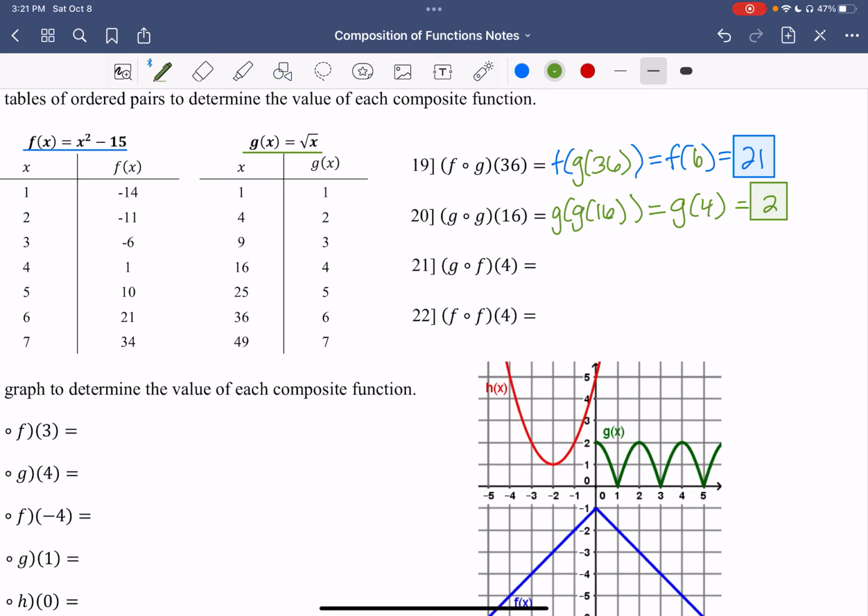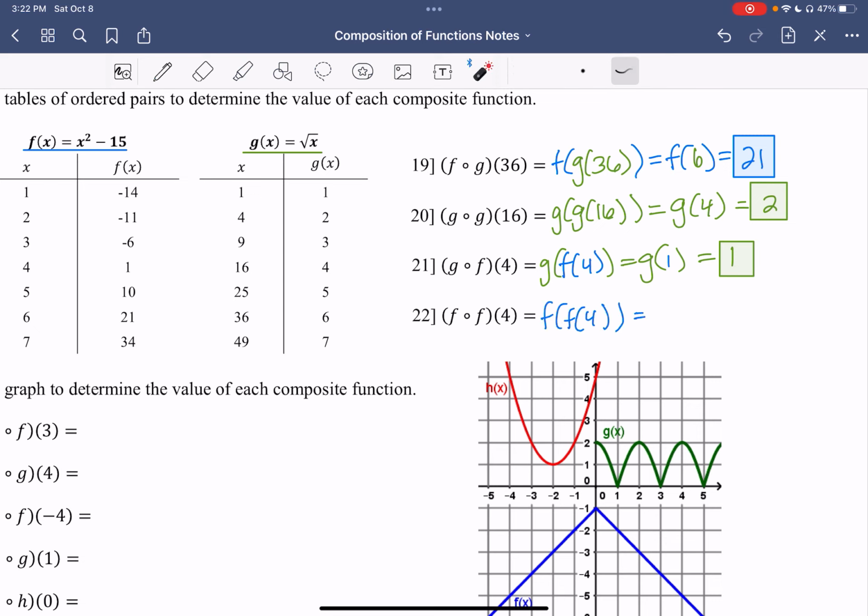Okay, let's do g of f of 4. So you're going to go to f of 4. So on the f table, when x is 4, y is 1. So now you have g of 1. So on the green table, when x is 1, y is positive 1. Okay, last one, f of f of 4.